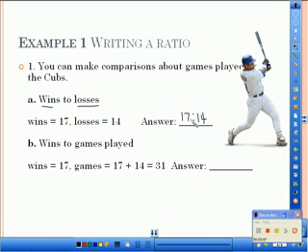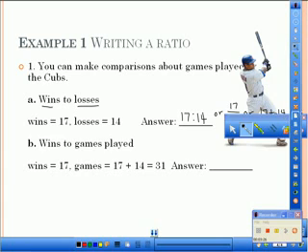Notice the question asks us to go from wins to losses, so we wrote the wins first and losses second. Another way you could write it is using the fraction version, which would be 17 over 14. The third way you could write it is using words. We would say 17 to 14.